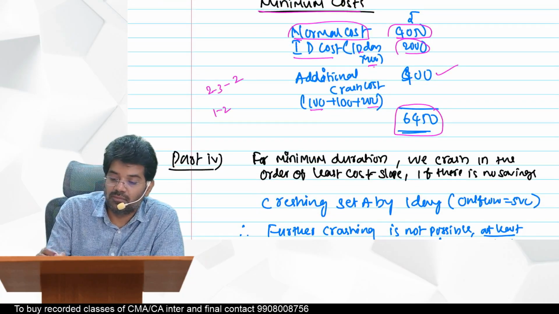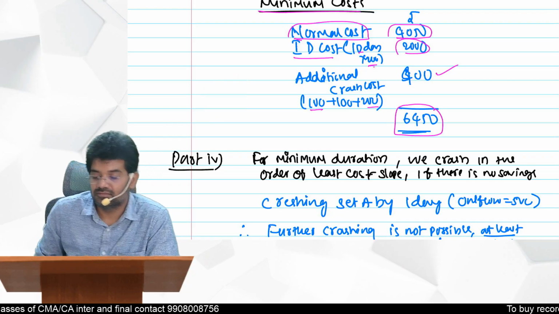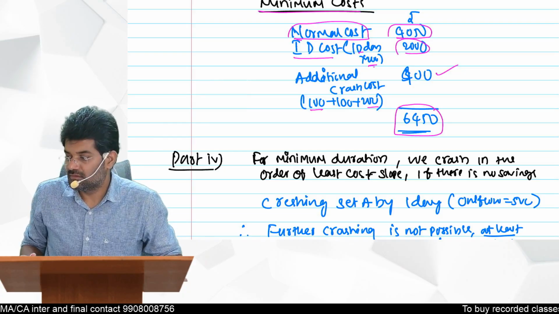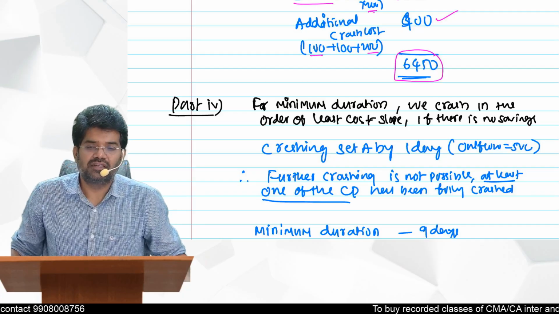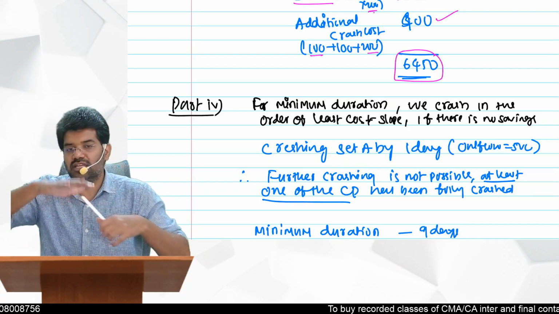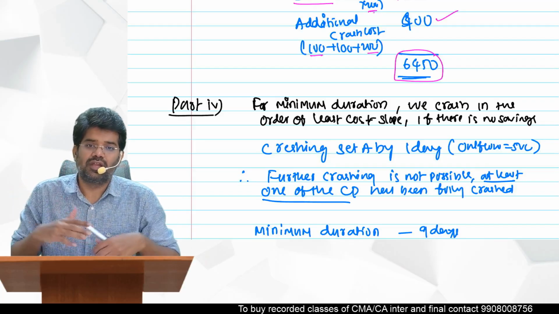Okay. Part 4, what they have asked in the question is minimum duration. Minimum duration means after optimum duration, we can still further crash, but we don't have any advantage.